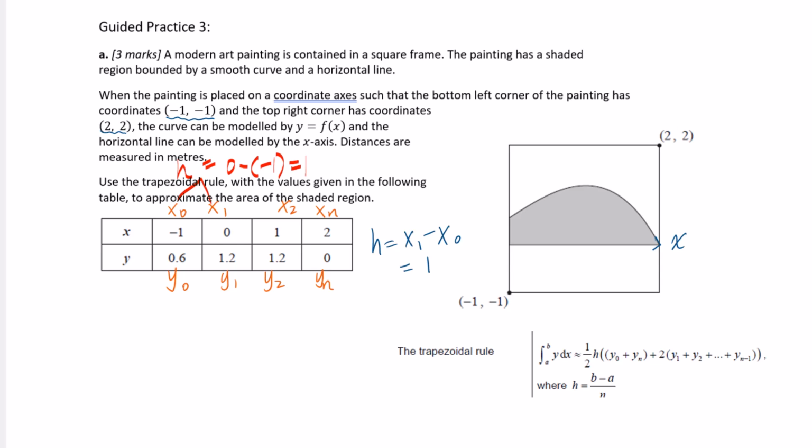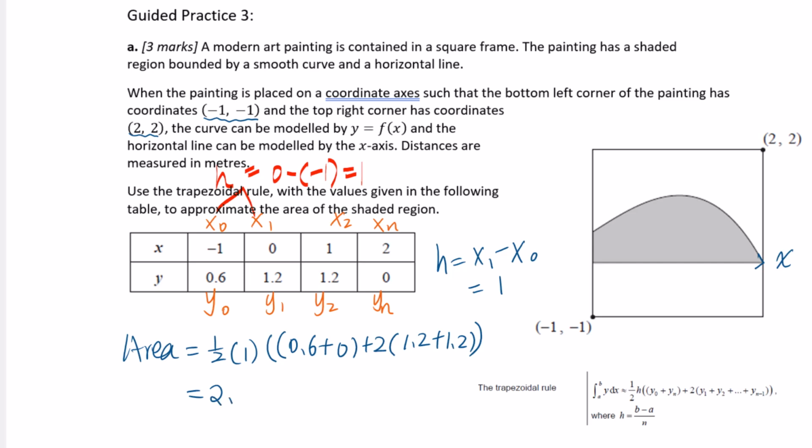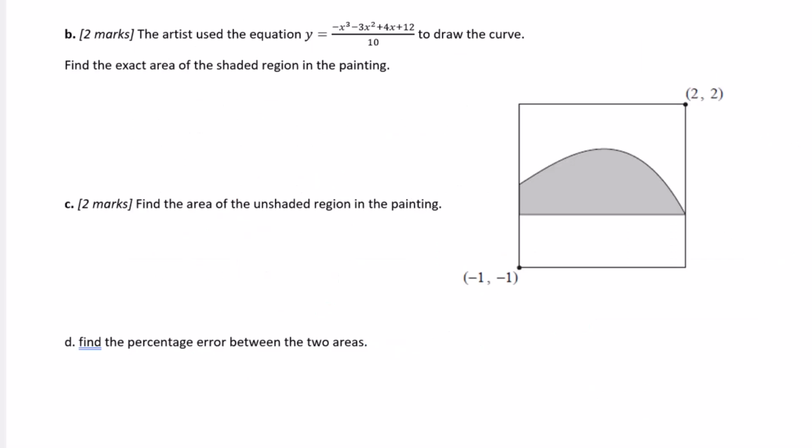Then we can use this formula. Area equals 1/2 times 1 times 2 parentheses: y0 is 0.6 plus y sub n is 0, plus 2 parentheses y1 is 1.2, y2 is 1.2. Then put this into the calculator. It equals 2.7.